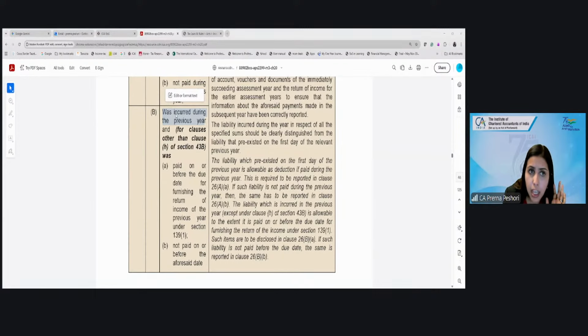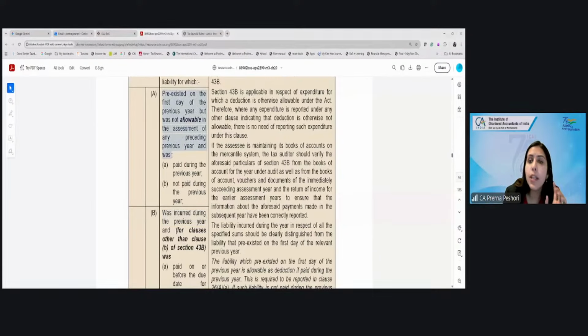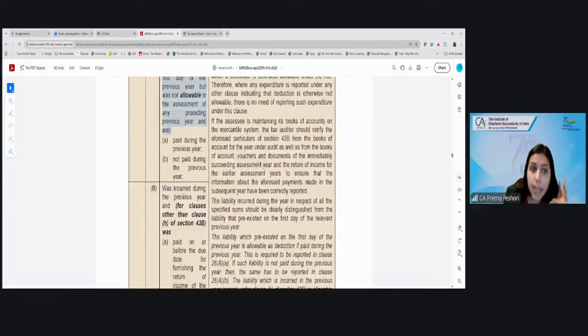So in A, you will also include the opening balances of MSME, payment to micro and small enterprise, which was not paid in the last year, or which was not allowed in the last year and is paid in this current year, or is not paid during the previous year. In B, you will include all other payments under 43B covered except for in respect of the MSME.